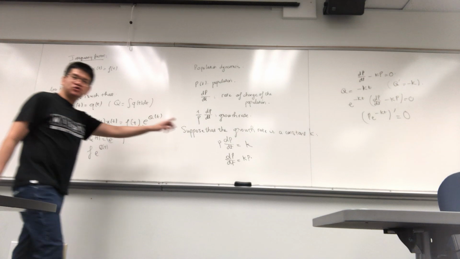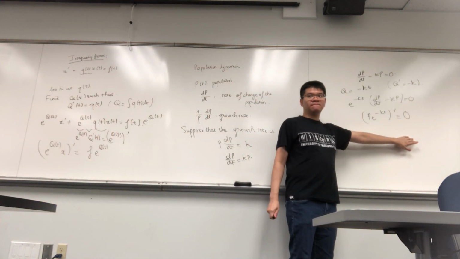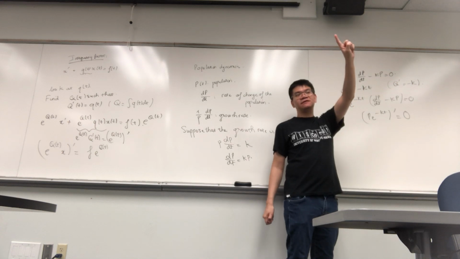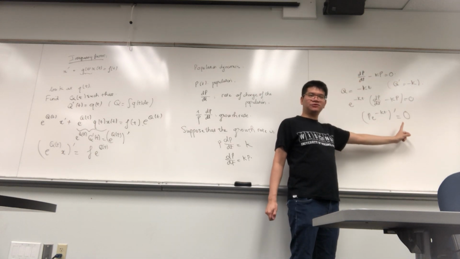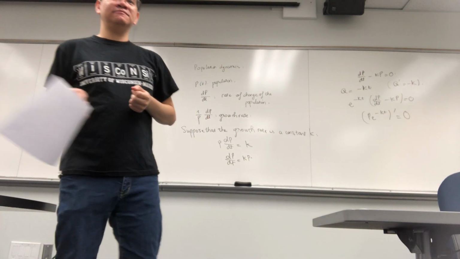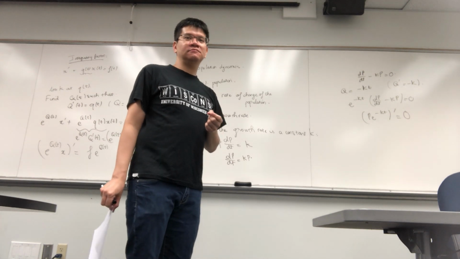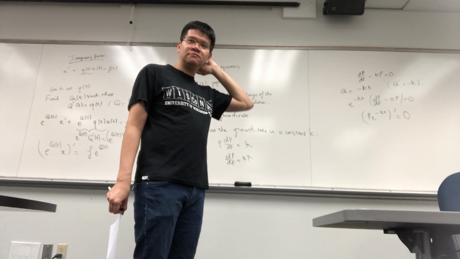So what is the solution of this equation? You would integrate both sides, so on the left side it's P times e to the negative kt, and on the right side you would get a constant.